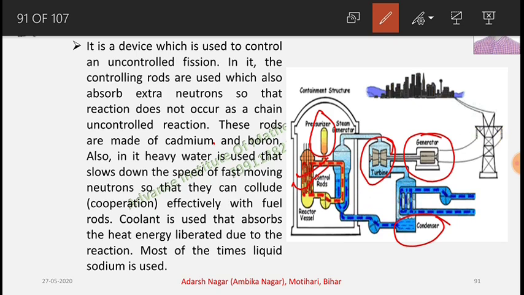Again this liquid goes to the steam generator by this pump. Here is a pump, and again this gets converted into vapor, and this vapor rotates the turbine, and the turbine rotates the generator, and this generator converts it into electrical energy.